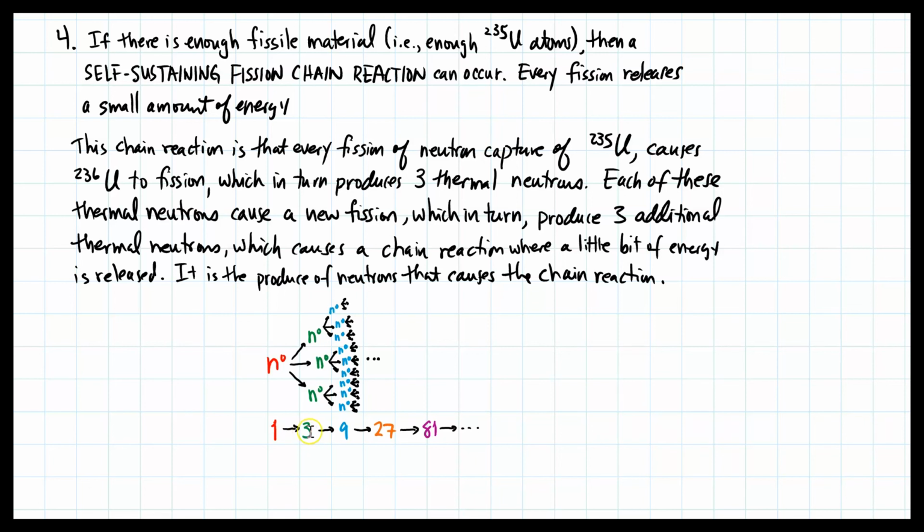The 3 green ones produce 9 new blue ones. Then these blue ones go on to create 27 new orange neutrons. And then these orange neutrons produce 81 purple neutrons. And it's this chain reaction that's super important to a nuclear bomb.